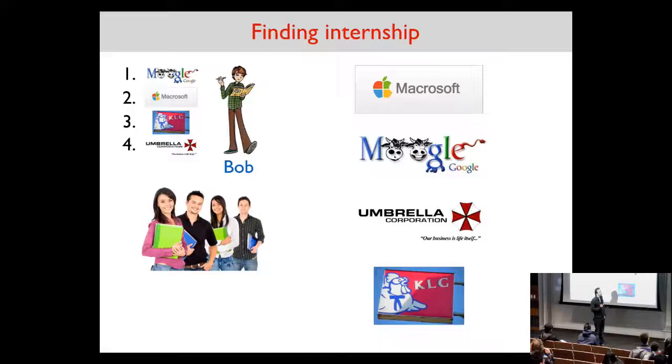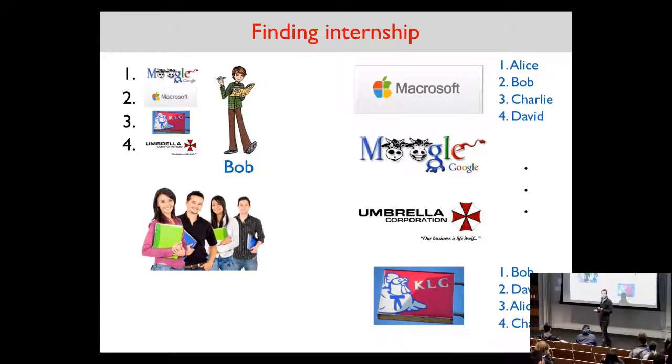And of course, you're not the only one looking for internships. So you have classmates that are also looking at internships. And they also have this kind of ranking they've made for these companies. And from the company's perspective, they get your applications and they rank you guys, right? So Microsoft says, I think Alice is better than Bob, Bob is better than Charlie, Charlie is better than David, and so on and so forth.